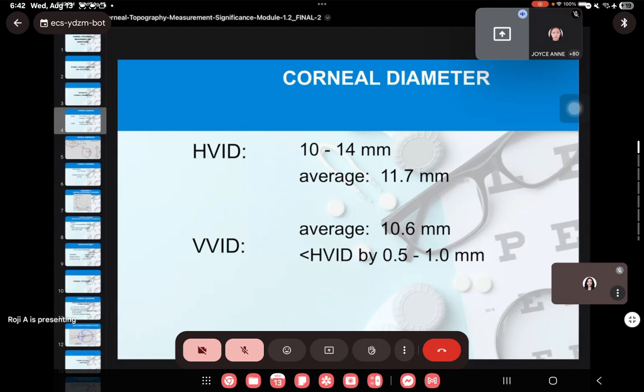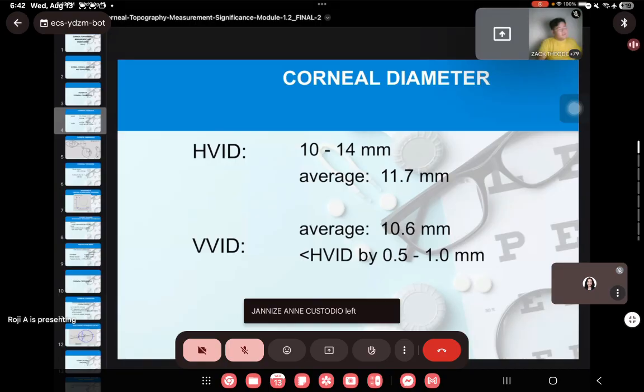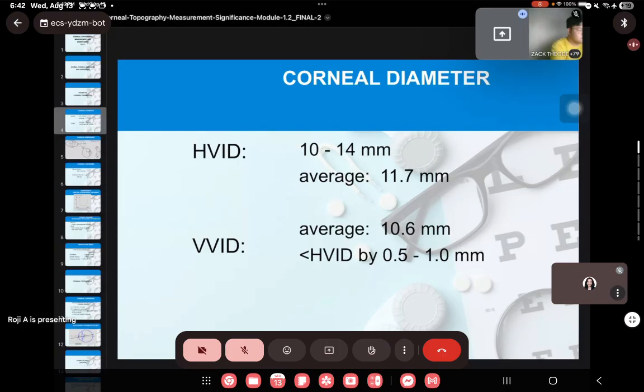All right. And why is this so? We know the reason, right? Do we know the reason why? Insertion of the superior rectus. Okay, very good, Zach. And because of the asymmetrical cornea, correct?